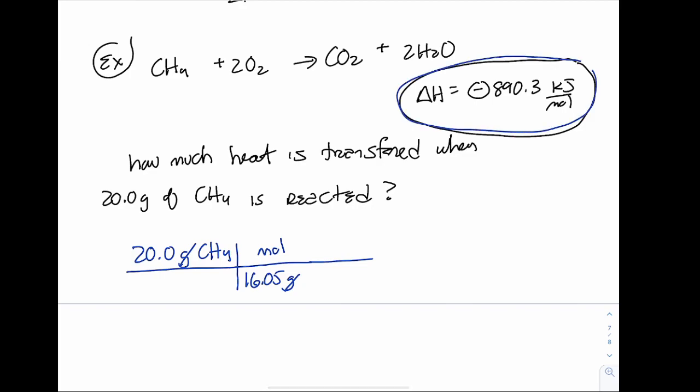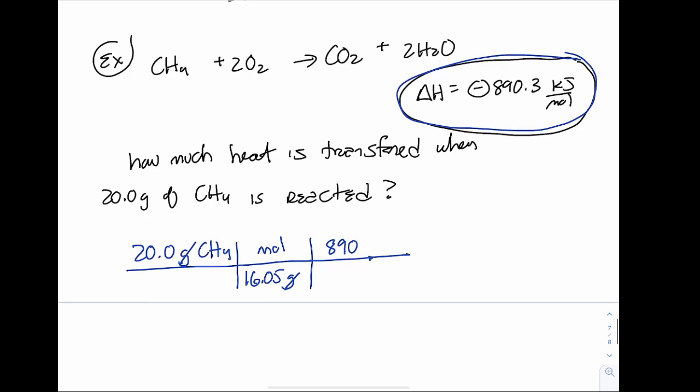I'm just going to use my enthalpy change here. Since moles are on top, moles are going to go on the bottom. I have 890.3 kilojoules per mole. My moles cancel, and then that's going to give me the total amount of heat transferred. So I am grabbing my calculator here, and we will type that in.